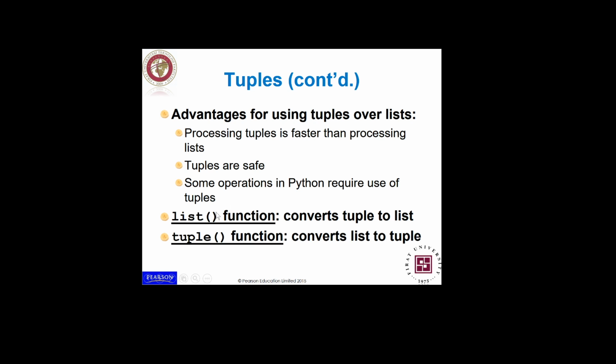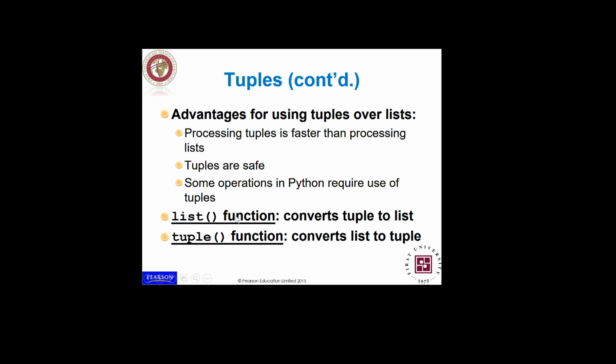We have two functions for lists. We explained about list, this built-in function that we can use for converting elements to a list. It could be generated from range or any other relevant function, and we can create a list.